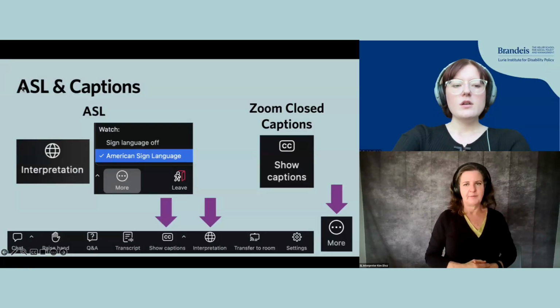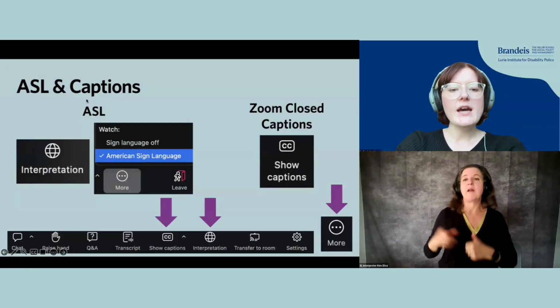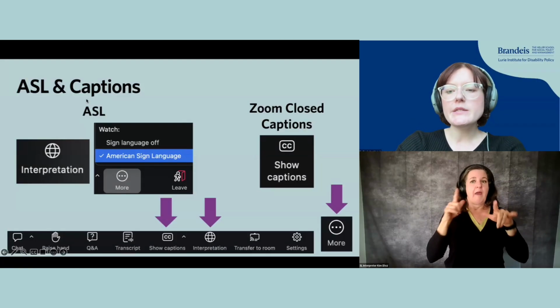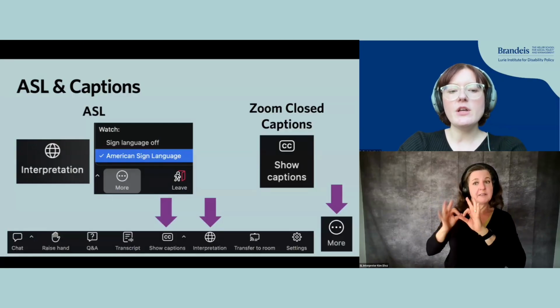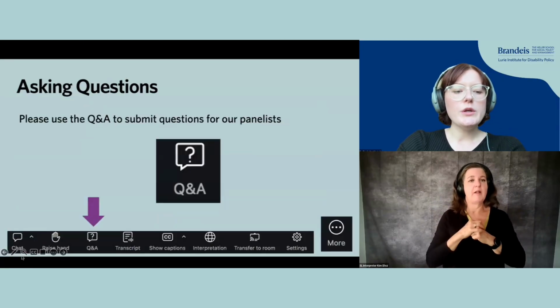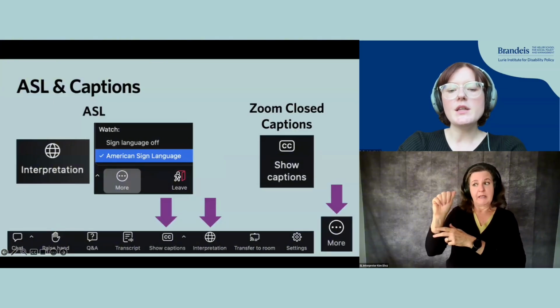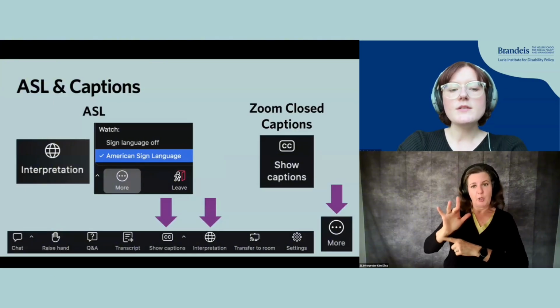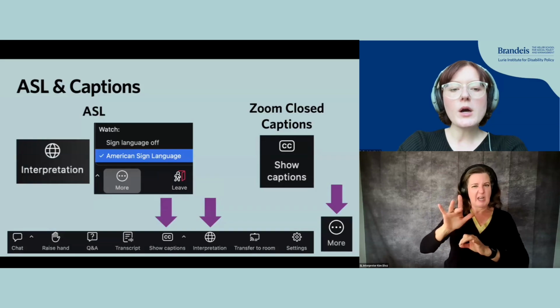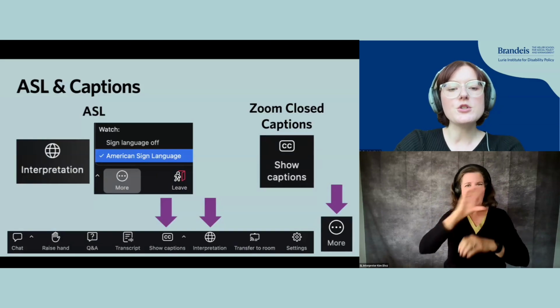Hello, everyone. First, we have simultaneous American Sign Language interpretation available. To view the ASL interpreters, click on the interpretation button that looks like a globe in the Zoom toolbar that's usually at the bottom of your screen.